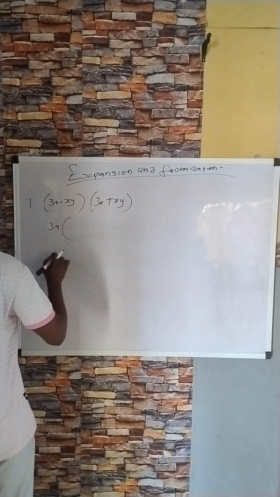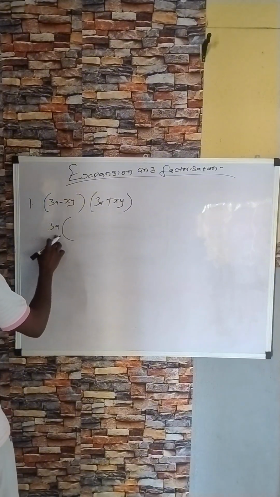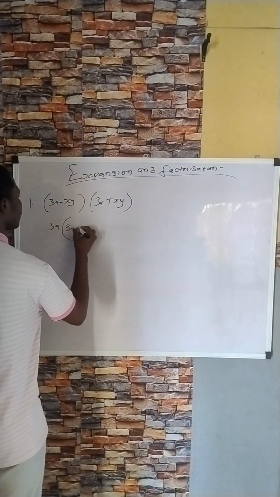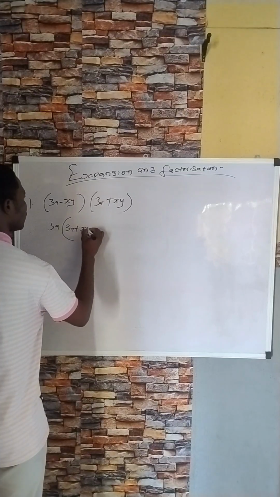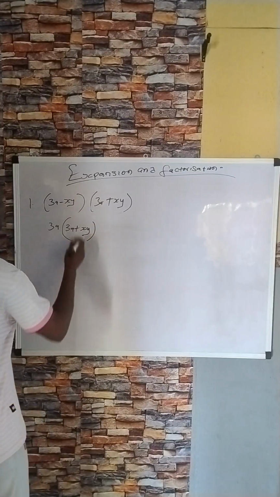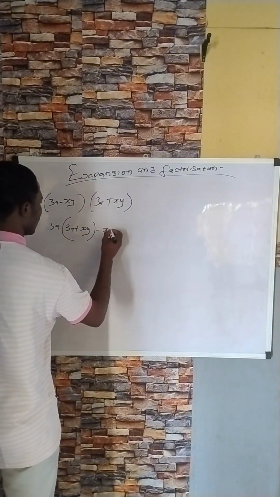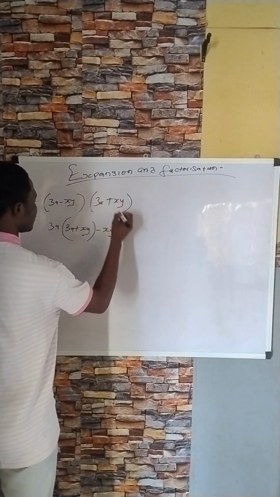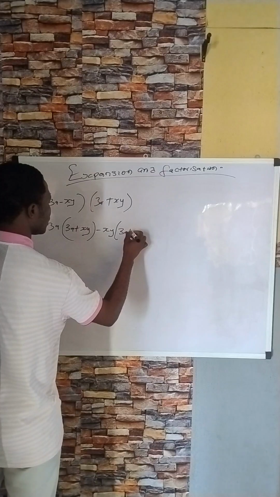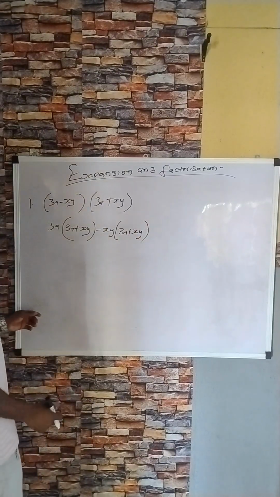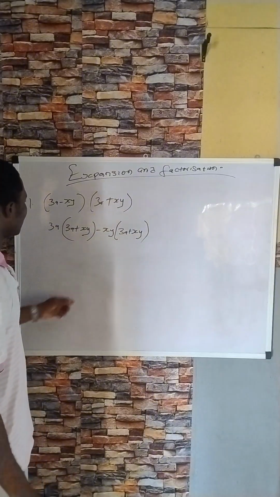There is no sign here, and this means multiplication. The next term is negative xy bracket 3a plus xy.